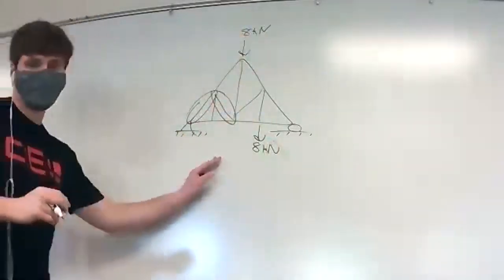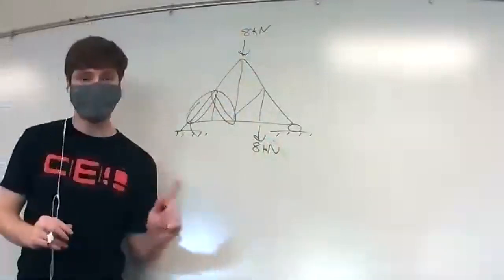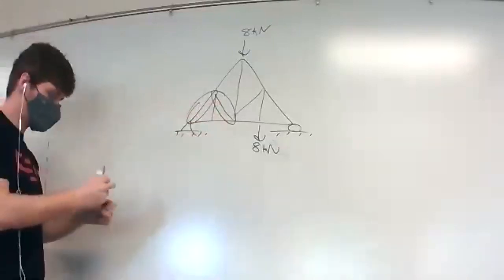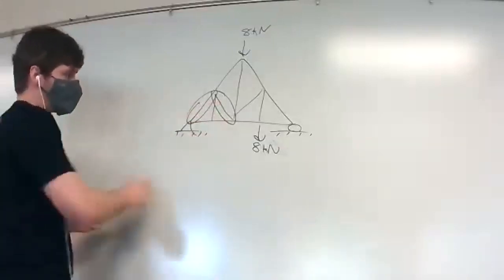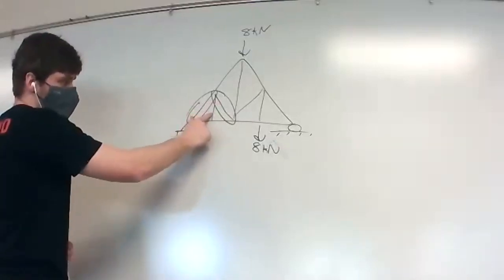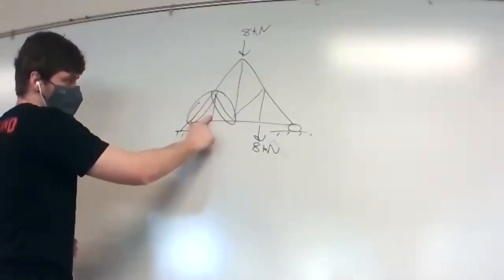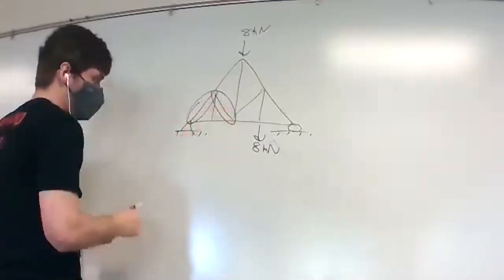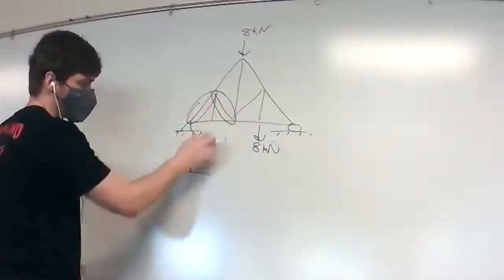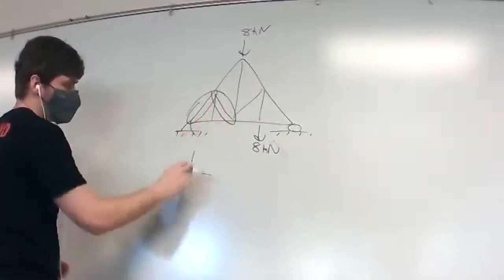So what you would want to do first for a problem like this is identify that this is a zero force member. Taking a look at this joint shows us there's nothing applied here, so this must be zero force. And if this is zero force, then this one here, through this transformation of shapes, we can see it's a zero force member.